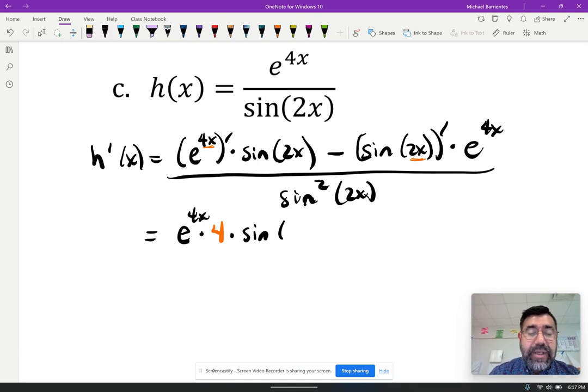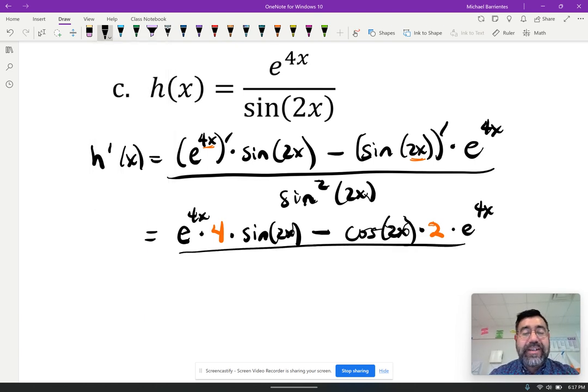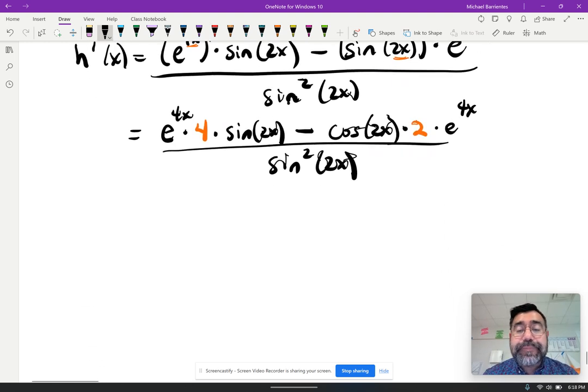Sine 2x minus, I'm supposed to take the derivative of sine 2x, the derivative of the outer function, with the inner function still in there, times the derivative of the inner function, which is 2, times the e to the 4x that was already there, all divided by sine squared 2x, or sine 2x quantity, the whole thing squared. All right.